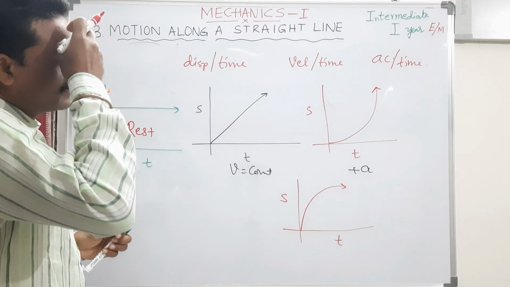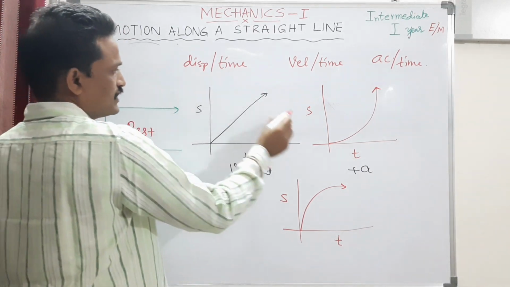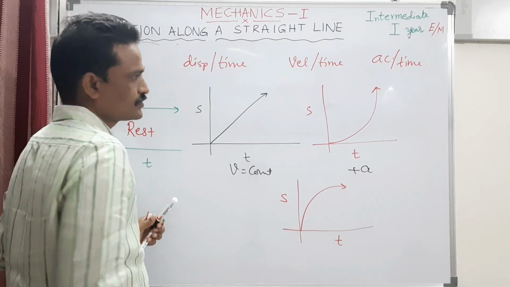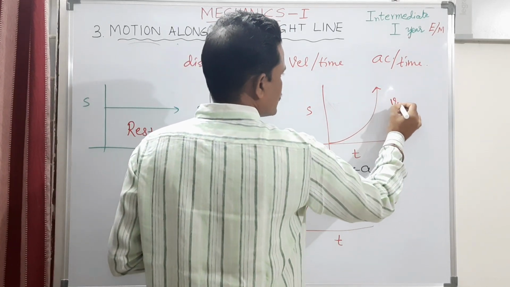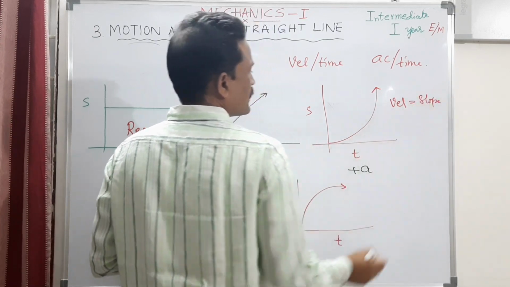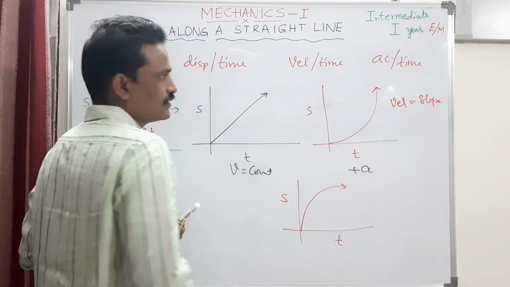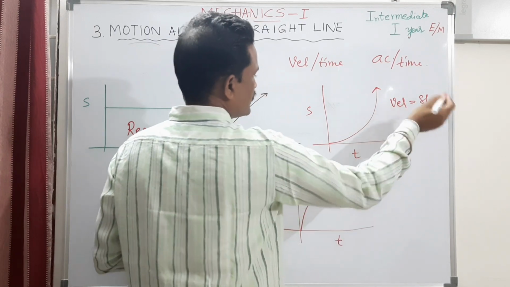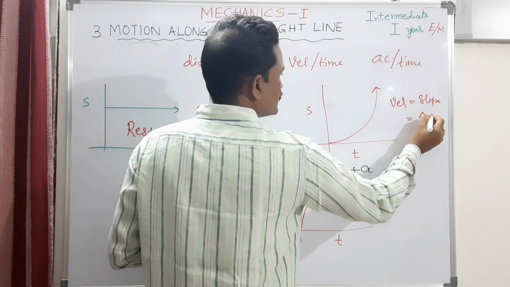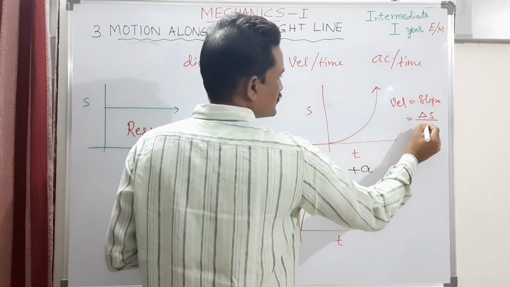Now, for a displacement time graph, if I take the slope, slope is nothing but instantaneous velocity. So velocity is given by the slope of the s-t graph. Slope means y2 minus y1 divided by x2 minus x1. So y2 minus y1 is delta s, x2 minus x1 is delta t.